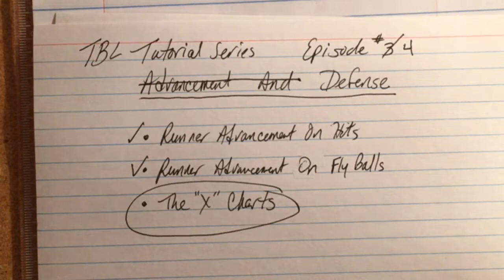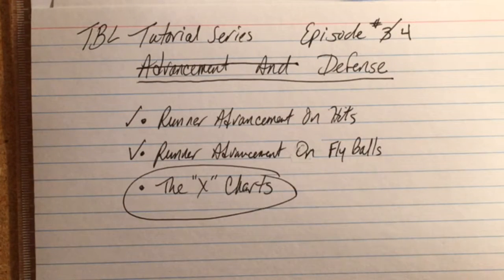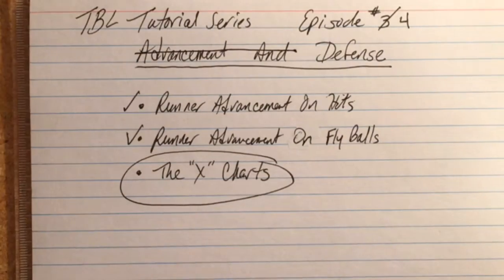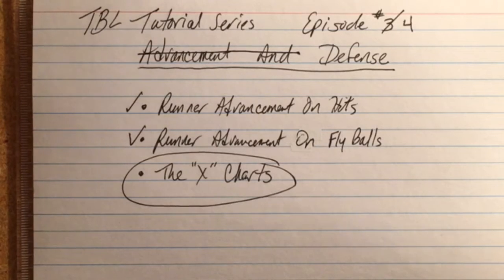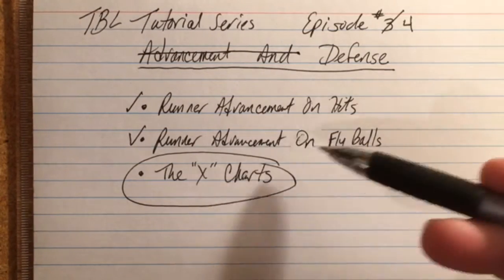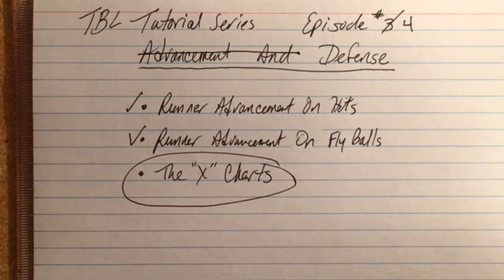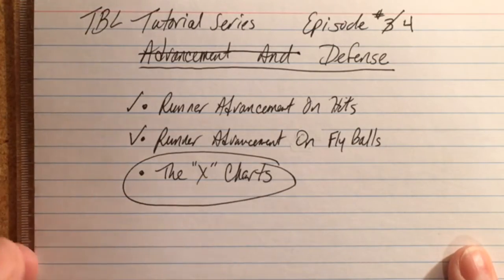I was thinking of calling this 3A because I had originally intended to do this in the previous episode, but I ran out of time, so I'm just going to call this episode 4 since it's actually a radical departure. There wasn't much linking these subjects together besides these two being linked together. Defense and the X charts are definitely a little outside of those realms, so we're going to talk about them this time.